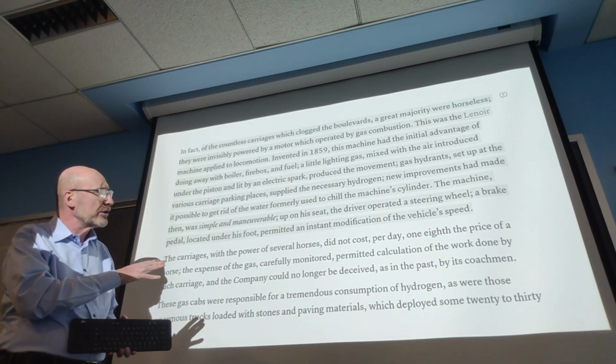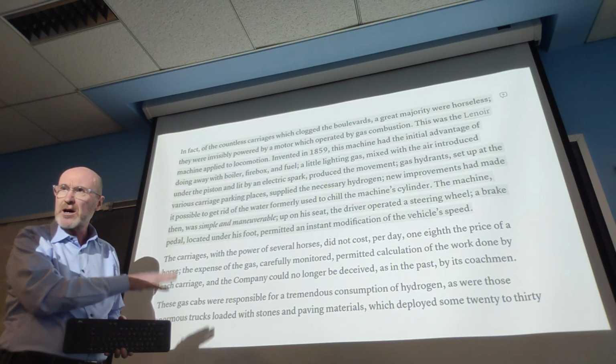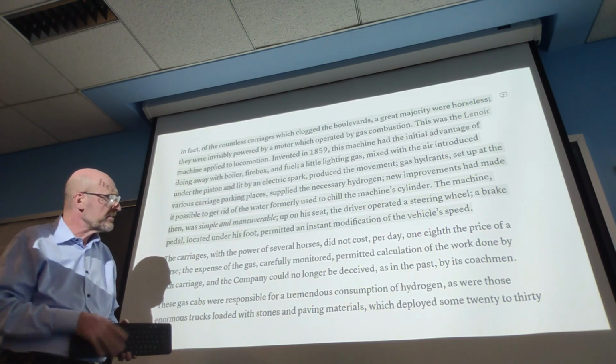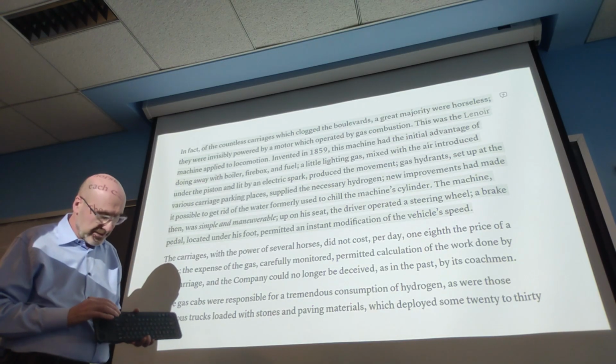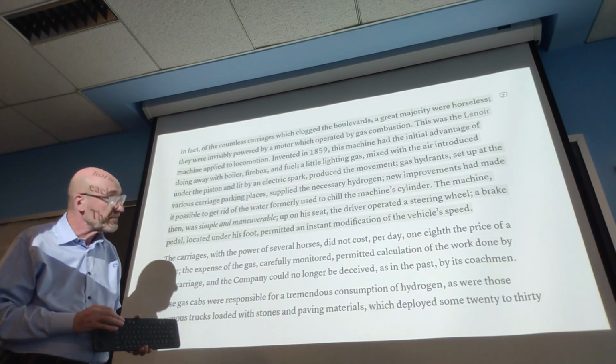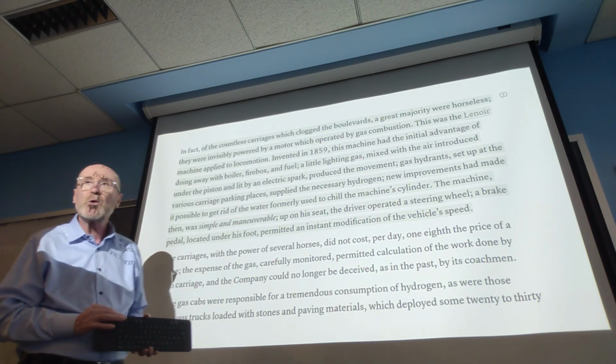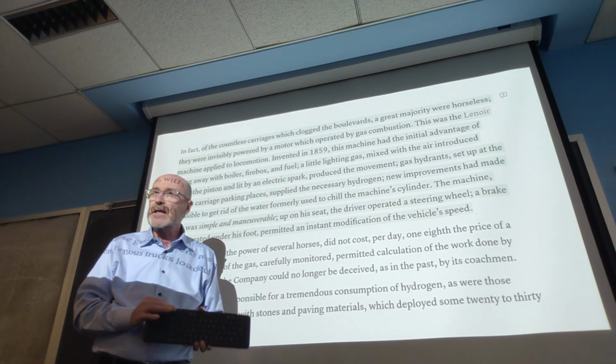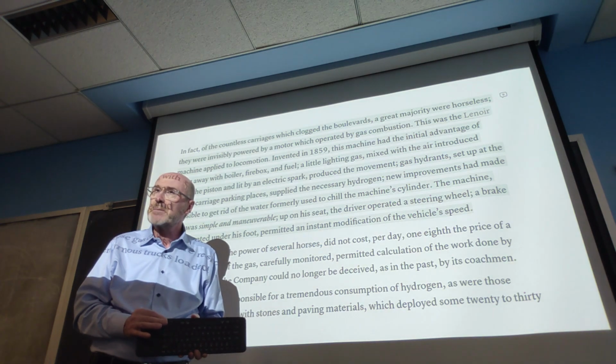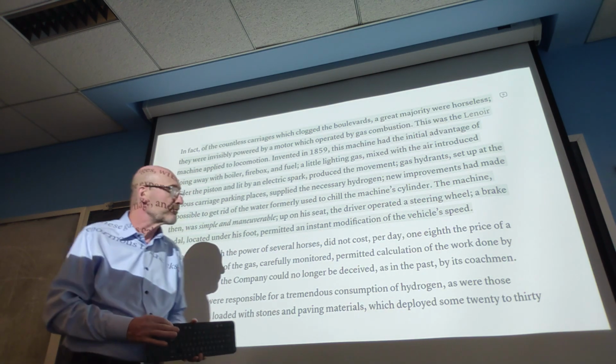So I've included just a couple of pages from Paris, this novel. You can just give a look to satisfy your curiosity, but again, we have someone who was interested in the technology of the automobile before it became a reality.